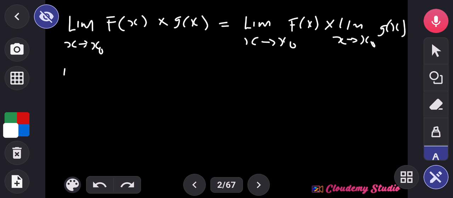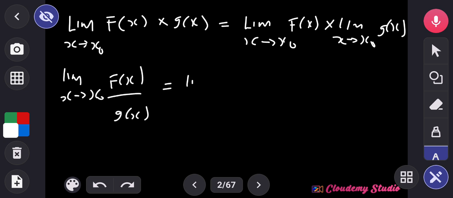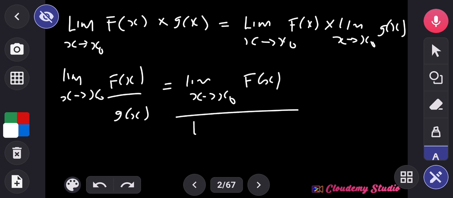And another one says that the limit of x tends to x naught of f of x divided by g of x is equal to the limit of x tends to x naught of f of x divided by the limit of x tends to x naught of g of x.